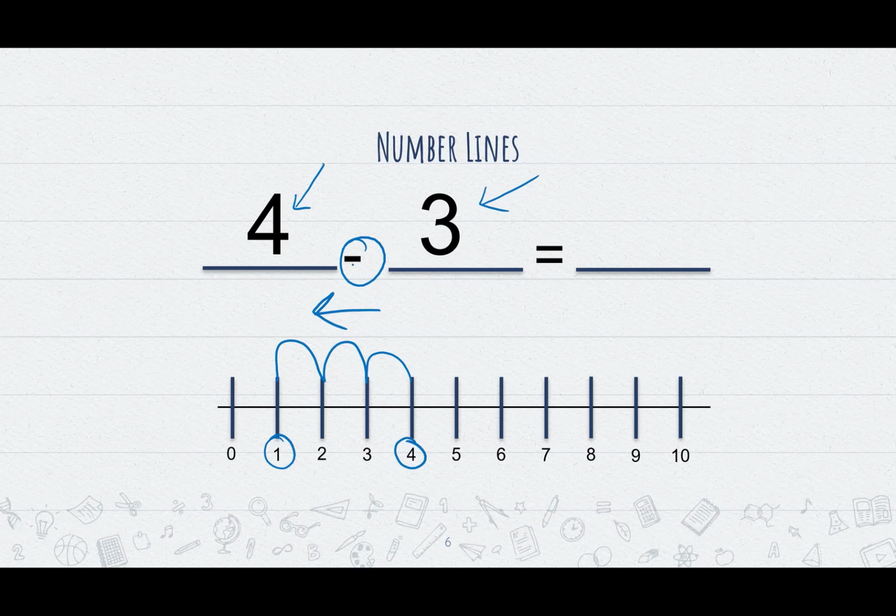So 4 take away 3 is 1. And we can test our answer. We can say 1, 2, 3, 4 counters. Take away 1, 2, 3 counters. We have 1 counter left.